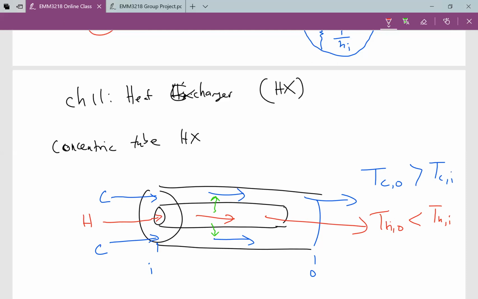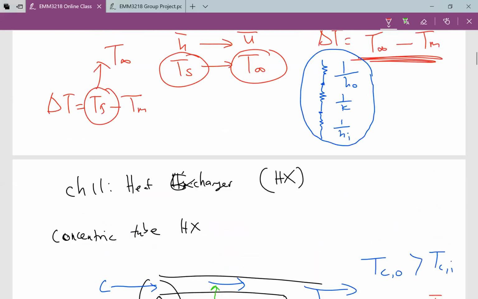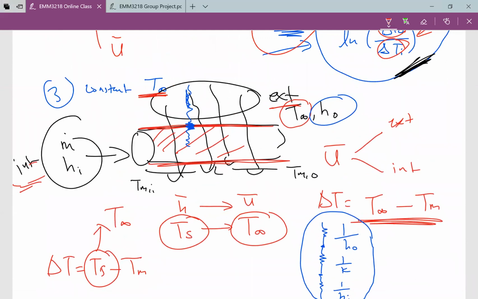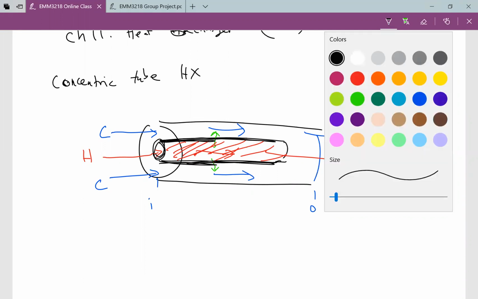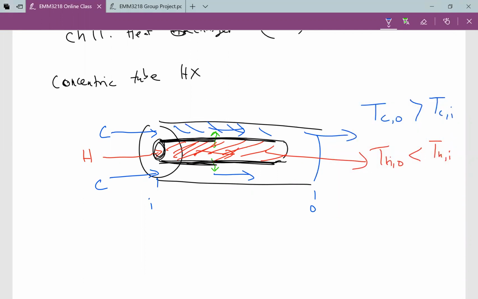If you look at the setup here, in terms of the heat transfer mechanism, it has a lot to do with case 3. You have the internal flow, then conduction across the thickness of the tube, and then another convection on the other region of the tube.